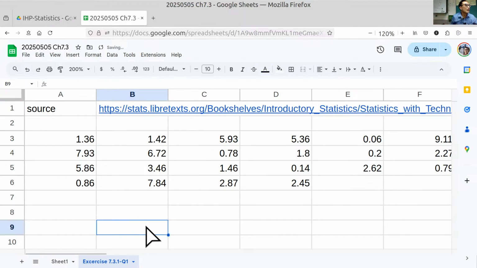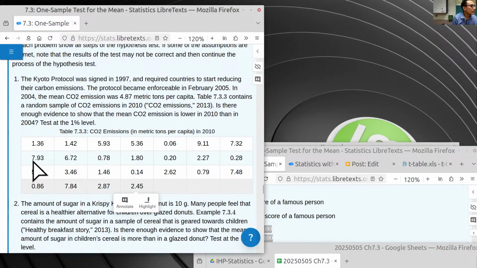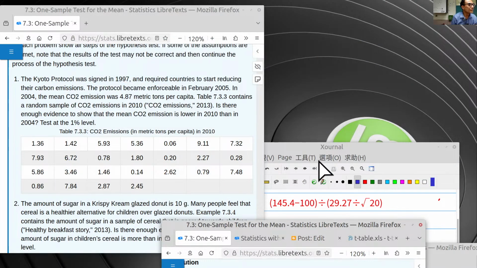Okay, the same way. There are several data here: 1, 2, 3, 4, 5, 6, 7. 7 times 4, that's 28, minus 1, 2, 3, so there will be 25 data values here.